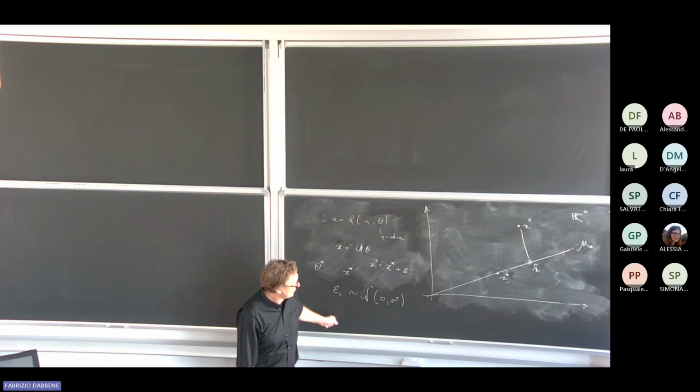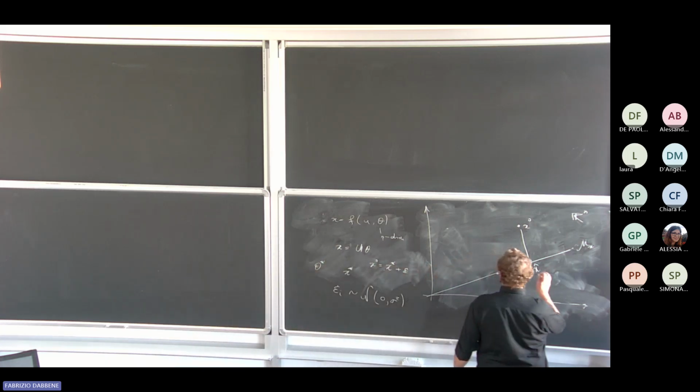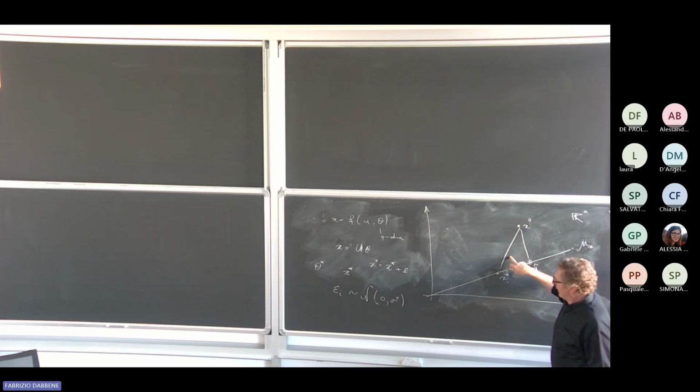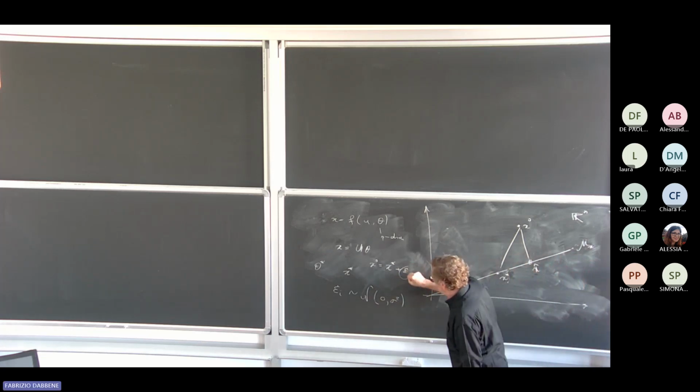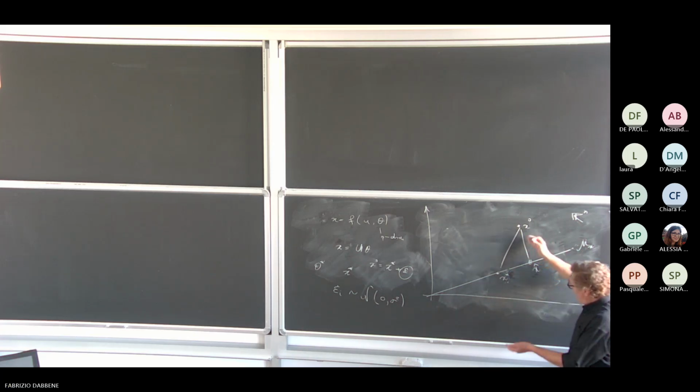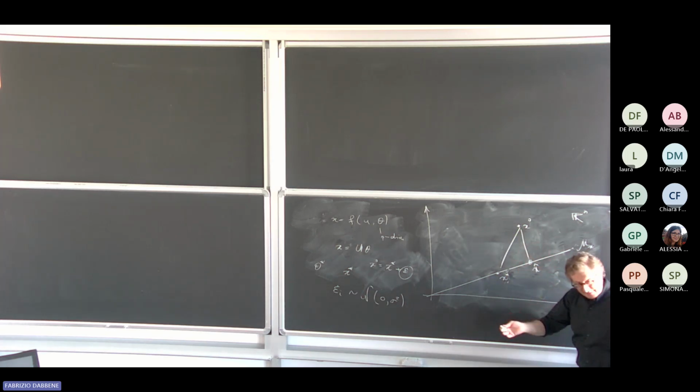So I'm making assumptions. If these assumptions hold, then this is a realization of a random variable, and it's the square root of the sum of n IID components, which are normally distributed with mean 0 and variance sigma squared.